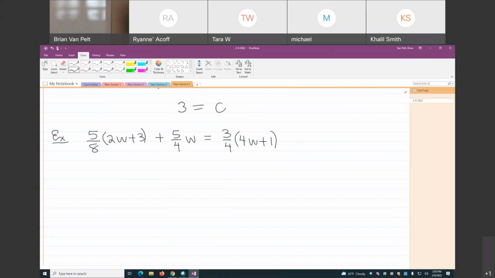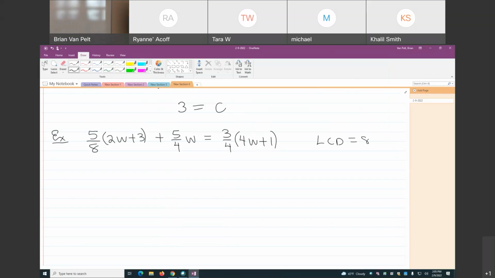Did you guys decide to wipe out the fractions? What did you use? 8. So LCD was 8. That would work. What I do is LCD equals 8.